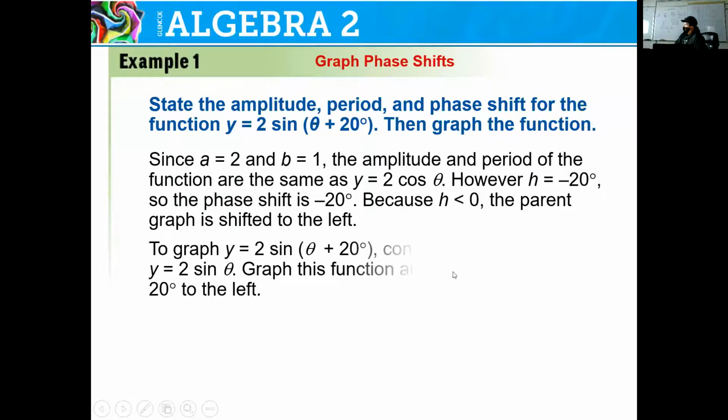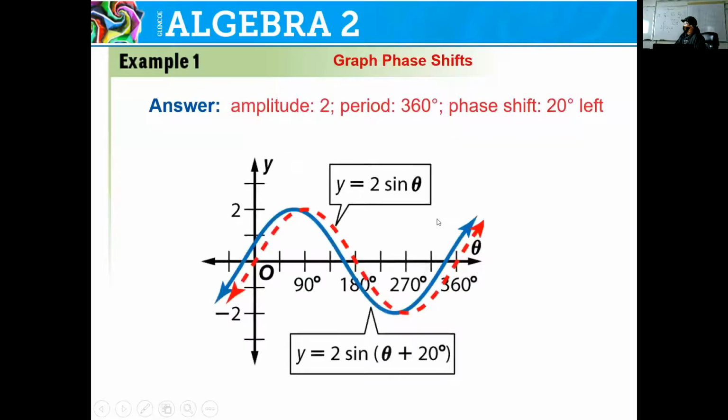Parent function is shifted left. So the dotted line is 2 sine of theta. You can see that it starts on the midline, which is the x-axis, goes to its maximum, minimum, all the way through. It starts at negative 20, maximum at 70, midline at 160, minimum at 250, completes the period at 340.